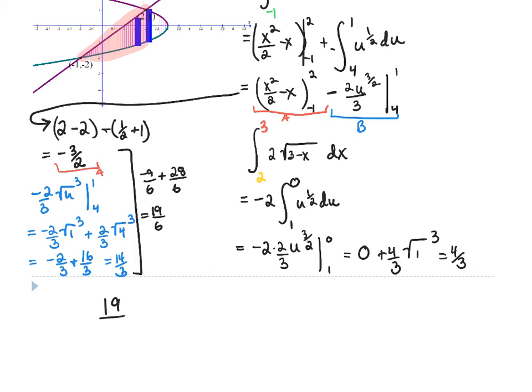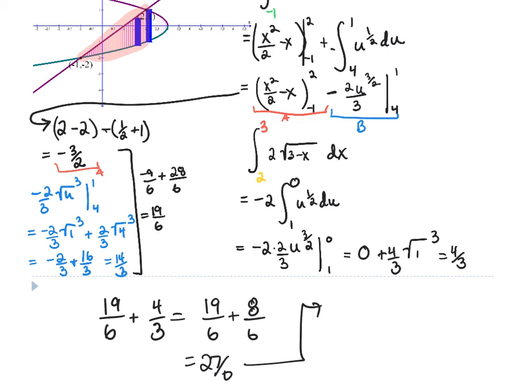So we're going to take those two answers, 19/6 plus 4/3, which is 19/6 plus 8/6, which is 27/6. We're getting there. Reduce a factor of 3, you get 9/2, and it checks.